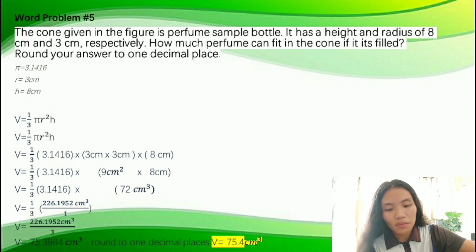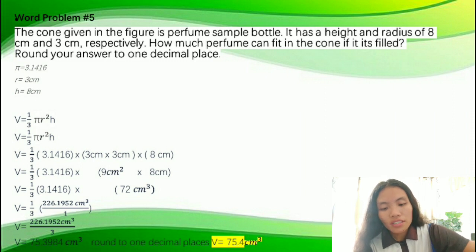Why is 3 centimeters written twice? It's because the radius in the formula is squared, so we write 3 centimeters twice. Let's calculate and solve. Volume is equal to 1/3, 3.1416 times, multiplying 3 centimeters times 3 centimeters is equal to 9 centimeters squared.